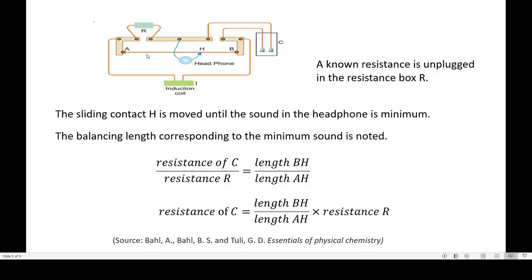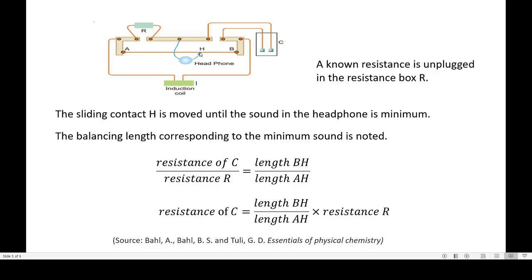We can observe that while moving on the wire, at some points maximum sound will be heard and at some points minimum. So gradually it may decrease and it may increase along the wire AB. So the sliding contact H is moved until the sound in the headphone is heard minimum.